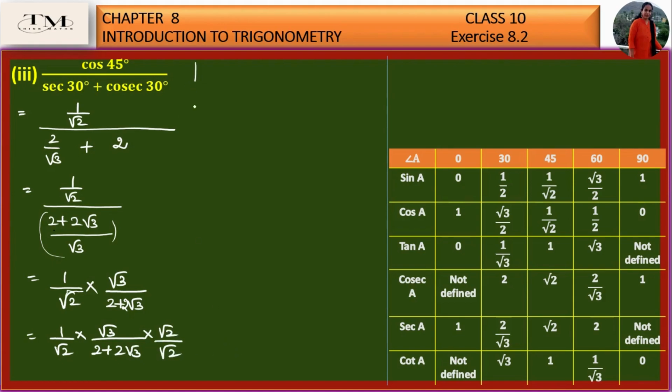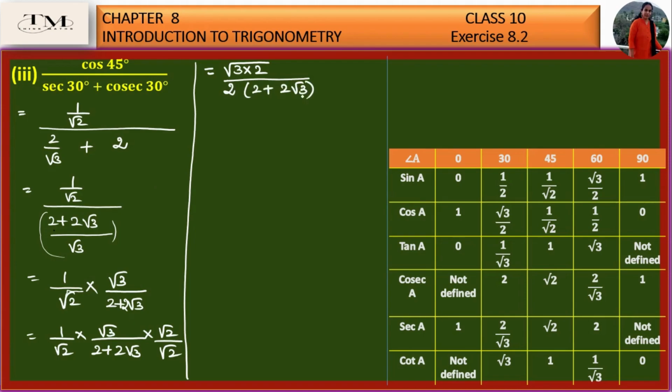So what will happen then? In the numerator we will have root, so both are square roots. So then we can multiply that number. So it is 3 into 2 divided by root 2 into root 2. So in square root, the number is in pair. So if it is in pair, the answer is that number. So you will get 2. So remaining we have 2 plus 2 root 3.